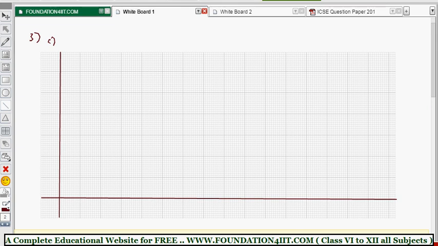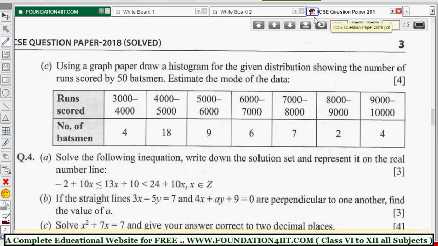Take x-axis and y-axis. If you observe, runs scored we take on the x-axis, number of batsmen is y. The minimum is 3000, the maximum is 10,000 here.